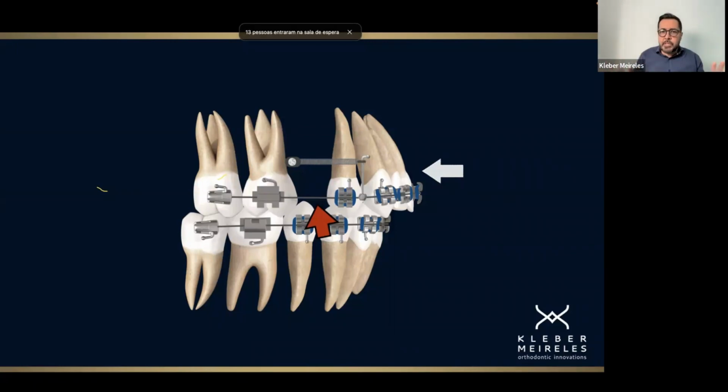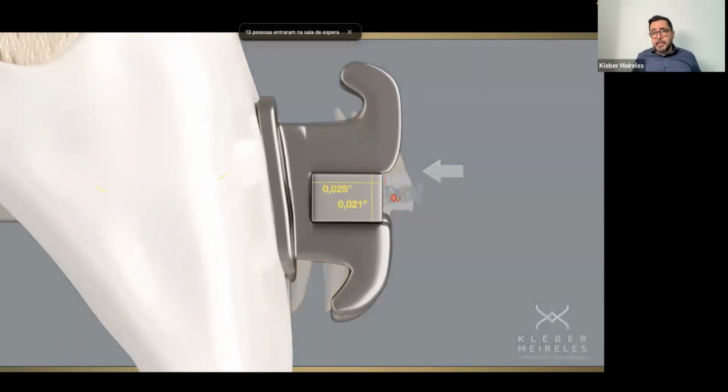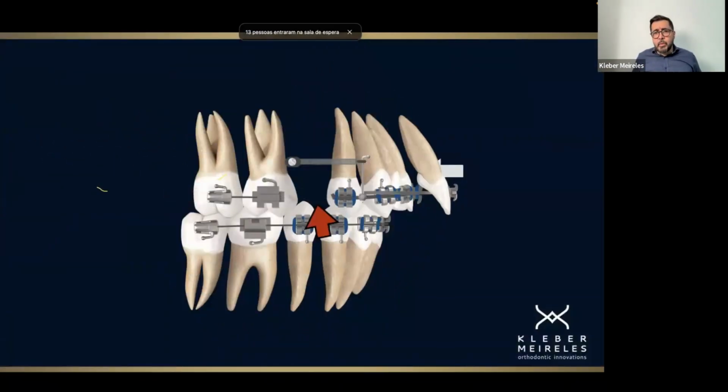Not that good, but we start having it. But if we want to have the control established since the beginning, we need to have a more rigid ligation, which is 21 25 stainless steel arch wire inserted in a 22 30 slot. So we have a rigid control. And if you do this, you don't even need to ligate anterior and posterior segments.